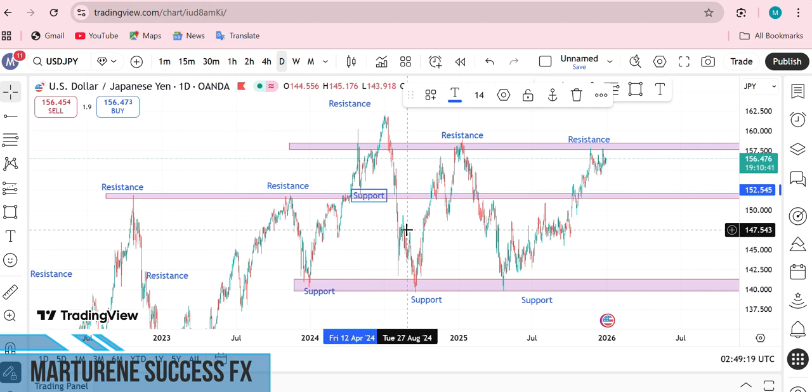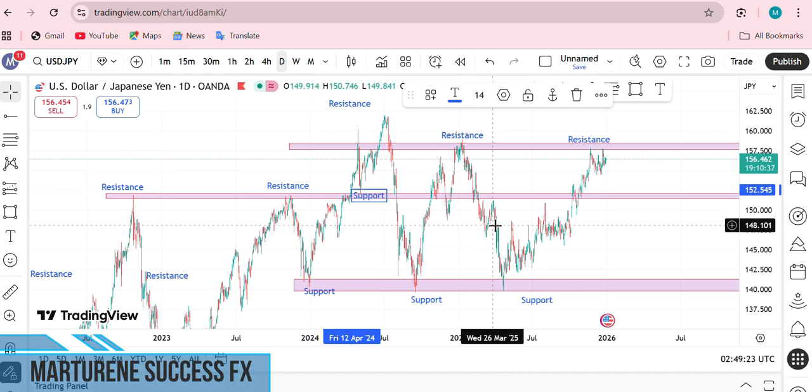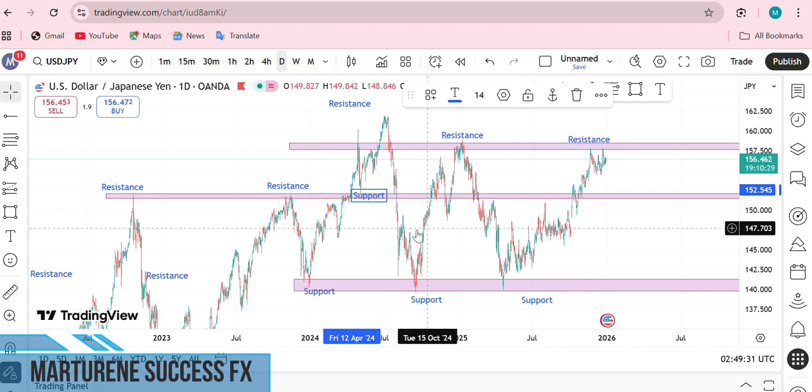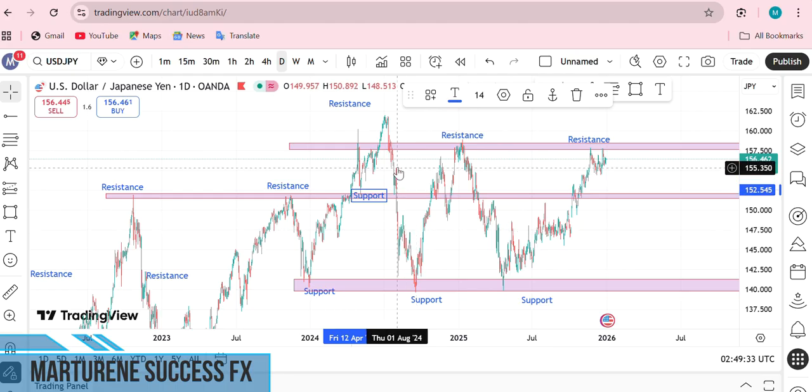So this is what you need to understand, and we also need to understand that when a support or a resistance level breaks, the strength of the follow through move depends on how strongly the broken support or resistance had been holding, okay. So for example, here you see this line, when it came up, this one now started acting as a support, but as we see, it broke strongly, okay.